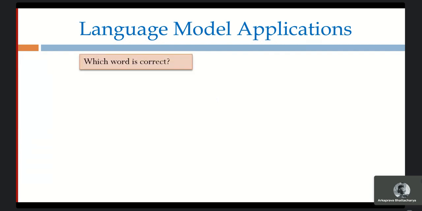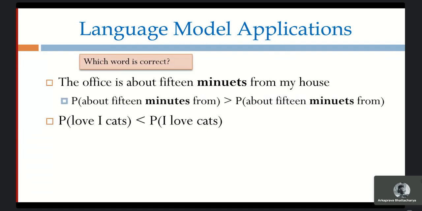Now if you look at another one, instead of "minutes," it was typed as "minuets." Then the probability of this sentence with the corrected word "minutes" should be more than the probability with the misspelled word. Now if you see "love I cats," grammatically this is not a structured sentence. So the probability of "I love cats" should be higher than the probability of "love I cats."